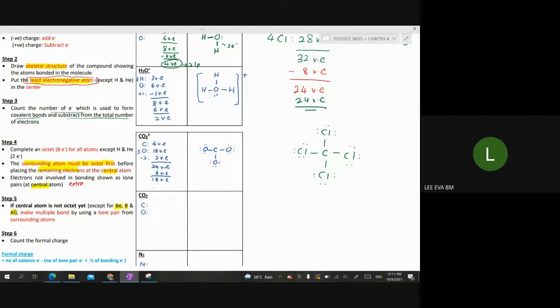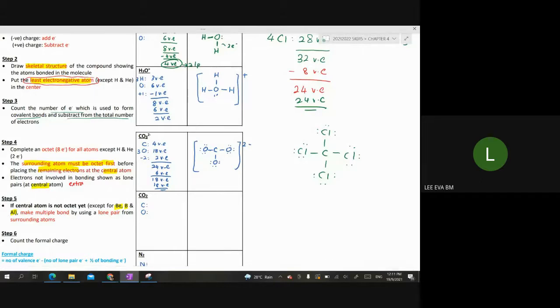So now nothing is left. We used everything for the octet of surrounding atoms. But my carbon is not yet octet. If you look at the carbon, it still only has 6 electrons.